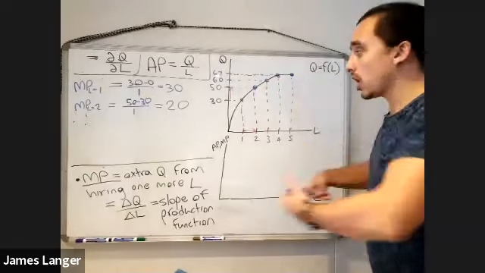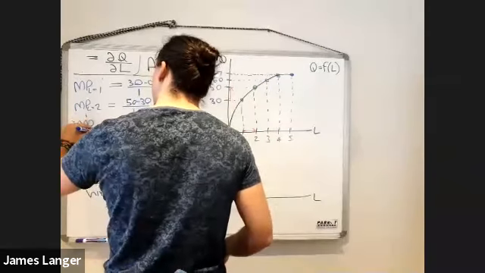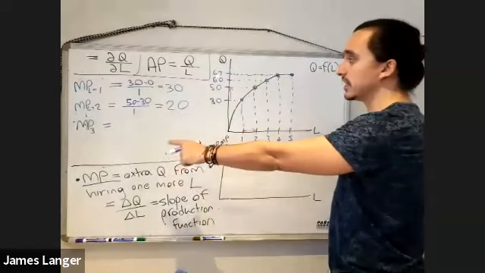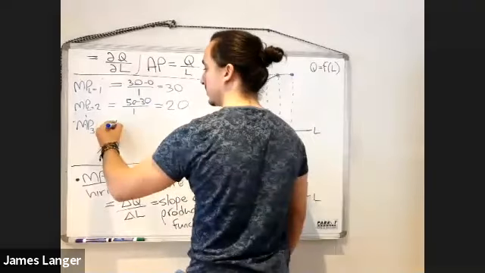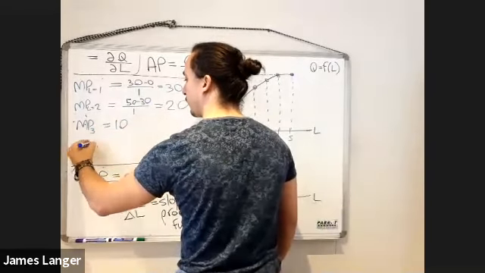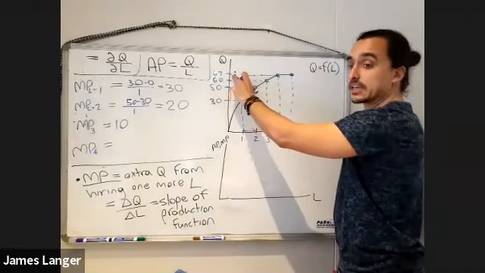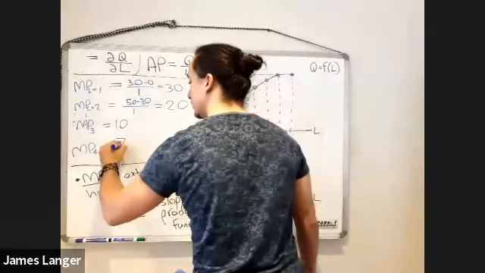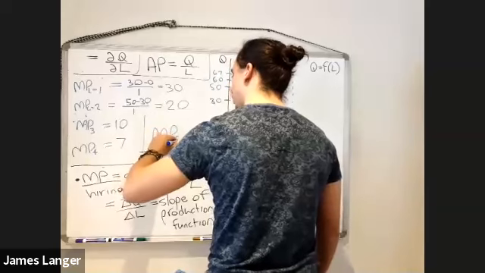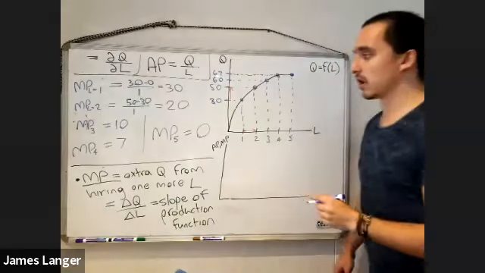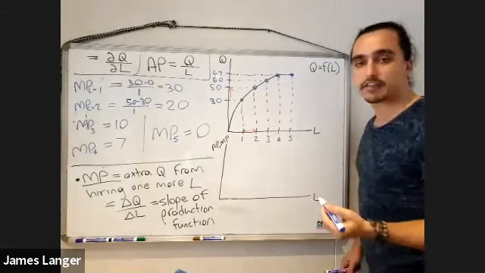And so on and so forth. So I'm not going to quite go into as much detail now. The marginal product of the third laborer we see is an extra 10. The marginal product of the fourth laborer we see is a change from 60 to 67, which is 7. And then finally, the marginal product of the fifth worker is equal to 0, right? Because when we go from 4 to 5, we get nothing extra.